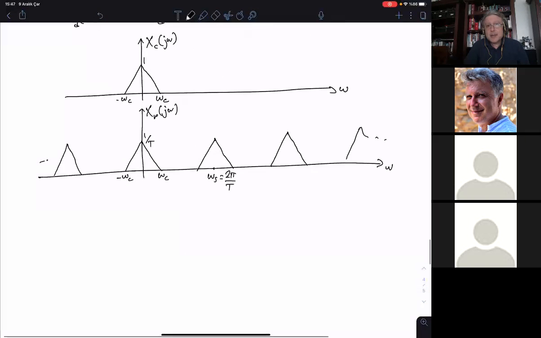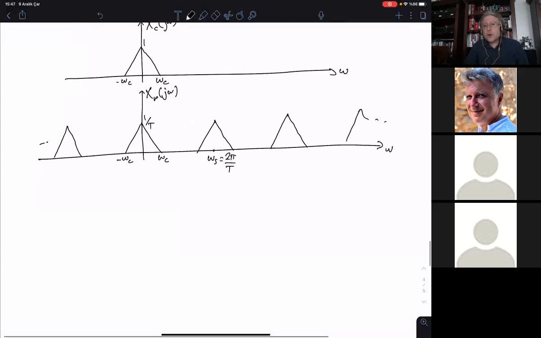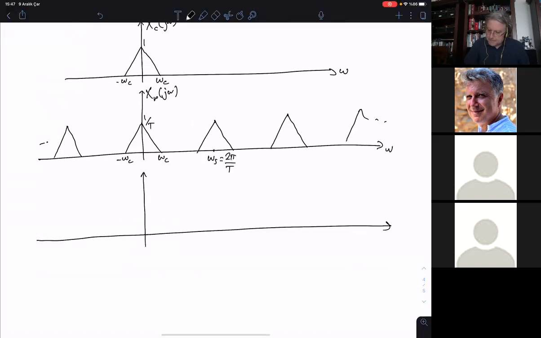Now, from here, it's very easy to draw the Fourier transform of x of n. We just need to apply the property of the discrete time Fourier transform, which I had been repeating like tens or hundreds of times. What was the property of a discrete time Fourier transform?